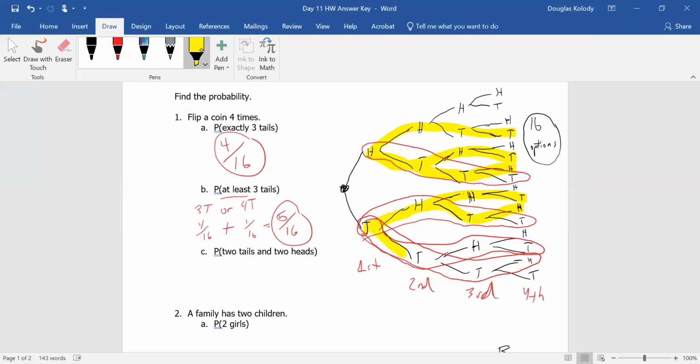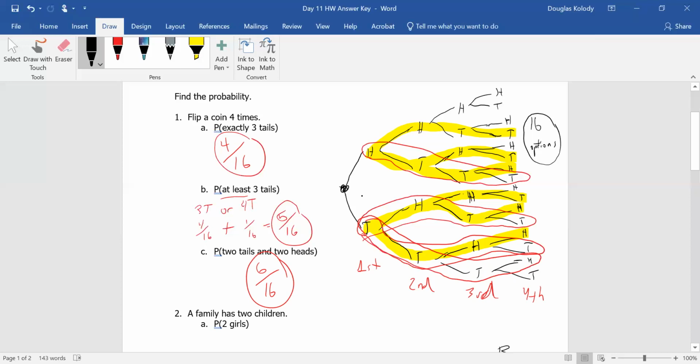I see tails, tails, heads, heads. And I believe that's it right there. How many branches did we create? 1, 2, 3, 4, 5, 6 branches. So a total of 6 branches out of the 16 have 2 tails and 2 heads.